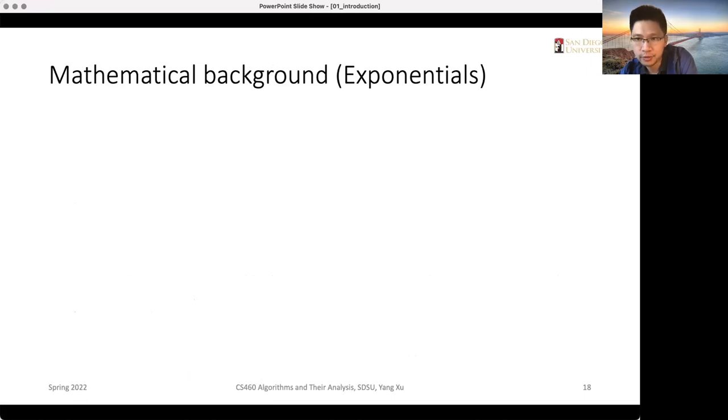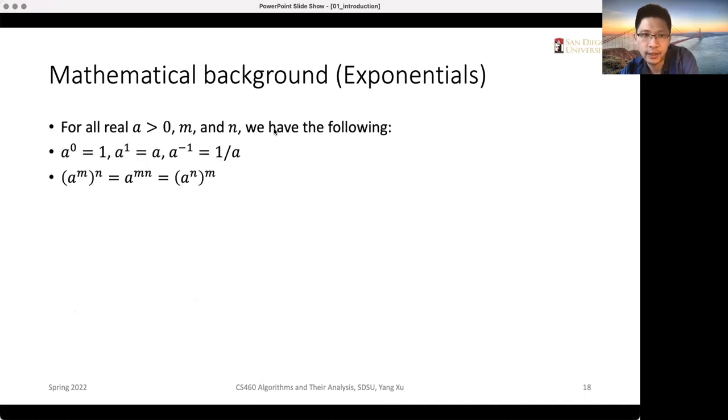And exponentials. Exponentials are also something that we will come across a lot when analyzing algorithms. For all positive real numbers a, m, and n, we have the following: a to the power of 0, and 1, and -1, and a to the power of n. These are the principles for exponential computations.